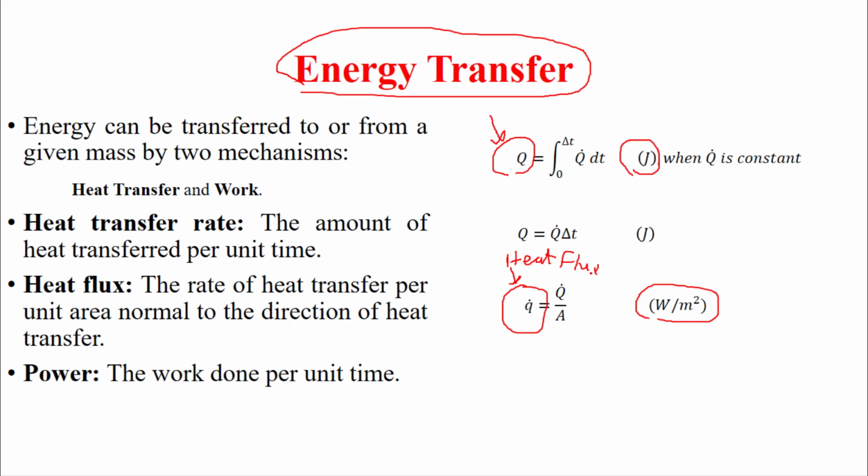Now, if we are dealing with an uppercase Q dot, this is heat transfer rate. We saw this earlier in thermodynamics, but it's good to refresh your mind. Heat transfer rate, and its unit is joule per second, or watt.